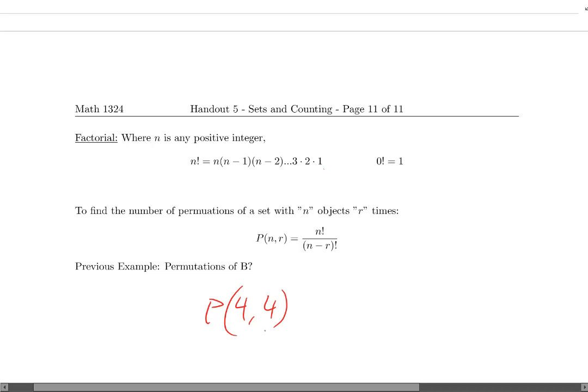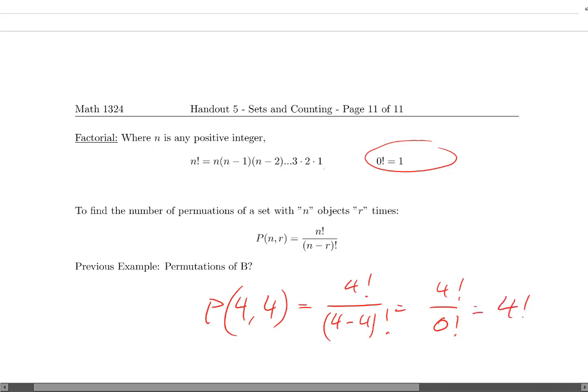A, B, C, and D were all used every single time. And so this is 4 factorial over 4 minus 4 factorial, ending up with 4 factorial over 0 factorial. Remember, 0 factorial equals 1. And so you end up with just 4 factorial, which we found earlier was 24.